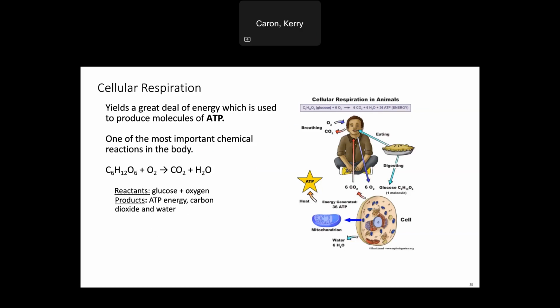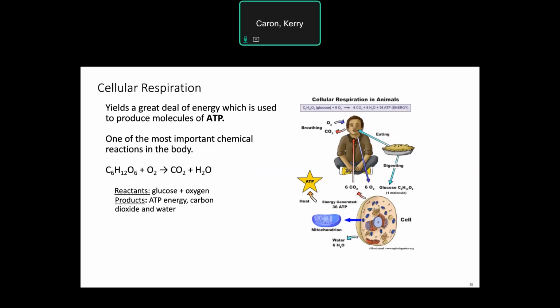We take glucose from food, add it to oxygen that we're breathing, and what we expel is carbon dioxide, water, and a whole lot of ATP. If you can see it in the picture here, 36 ATP. And we need ATP to live. So we need glucose to live.